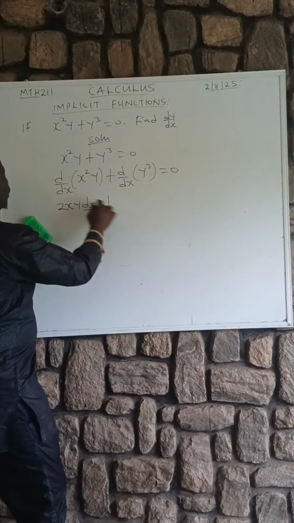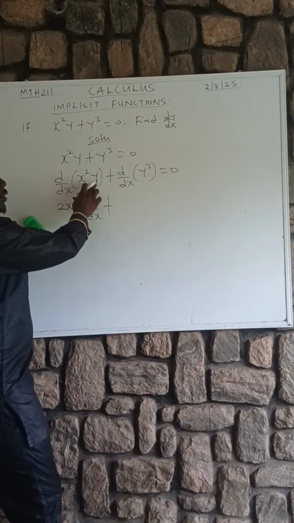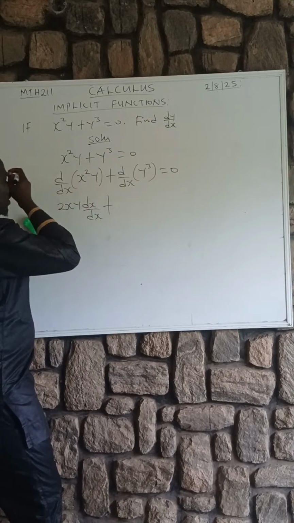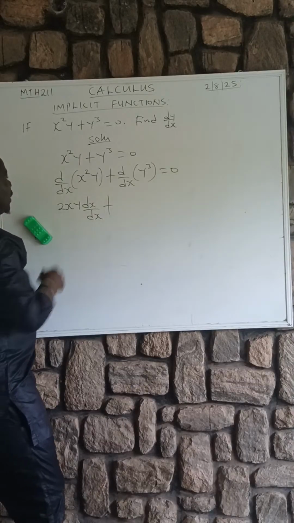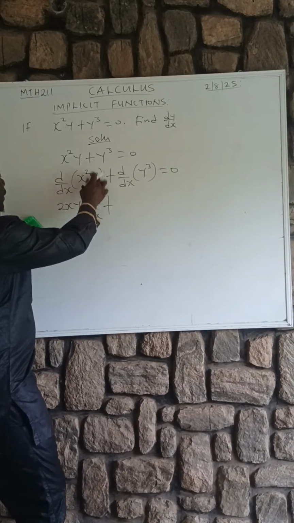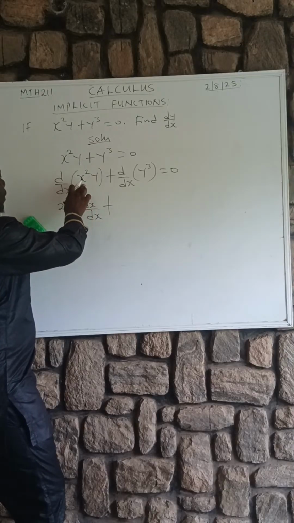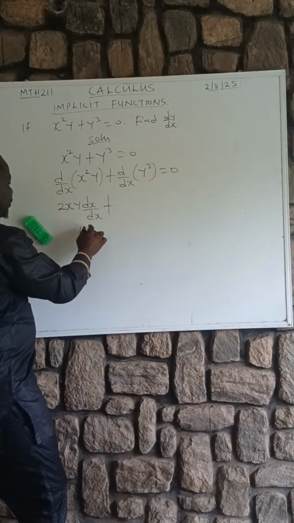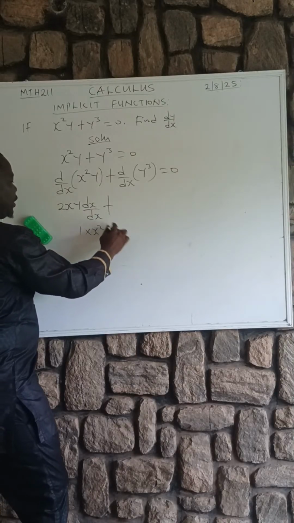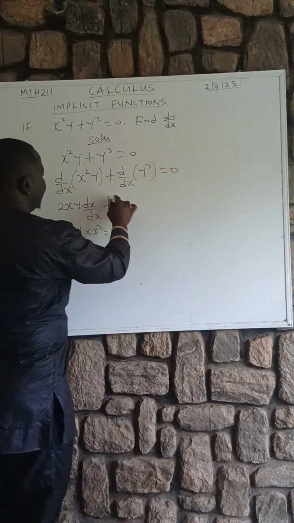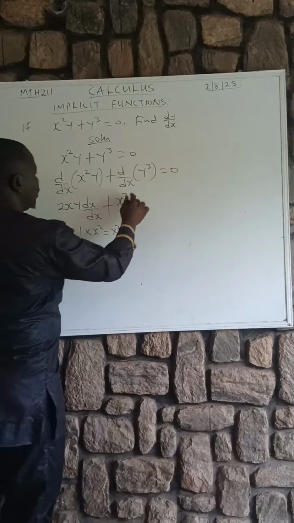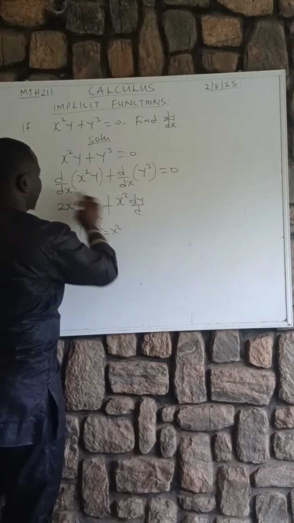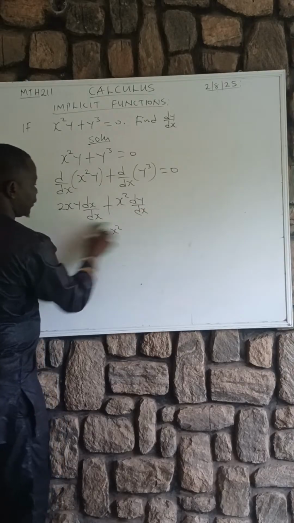Then plus, this time we hold x squared and differentiate y, which gives 1 times x squared, so x squared dy over dx.